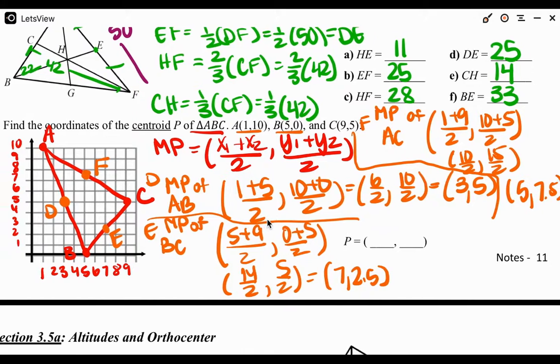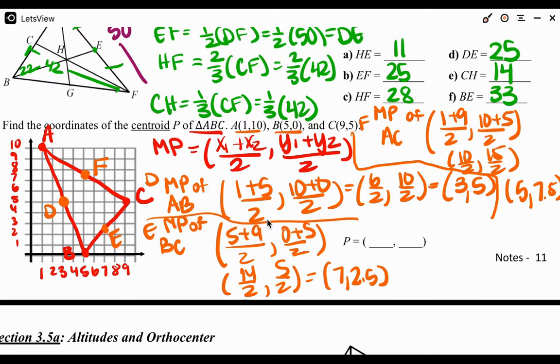So those are all of our midpoints. Now we have to connect them to the vertex on the opposite side. So right here in the middle, that is our point. So we are at 5, 5. That's our centroid.